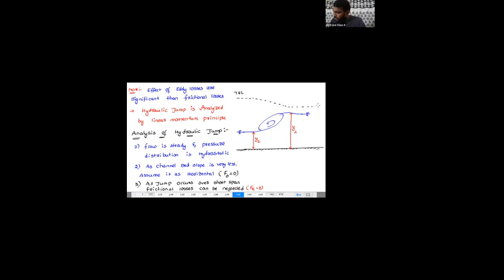After the jump, the total energy line remains the same. Now, this difference, right? This is known as energy loss, where delta E is the energy loss.